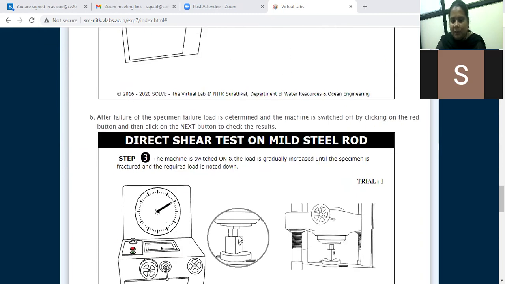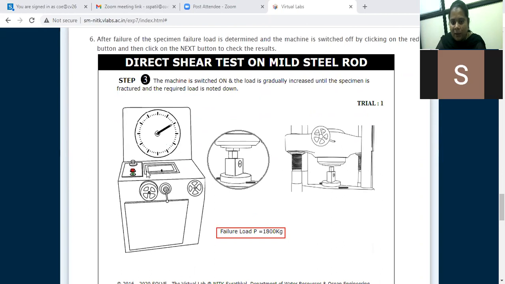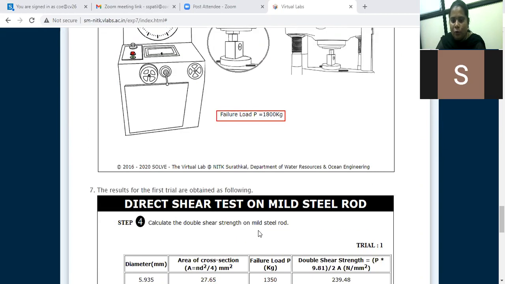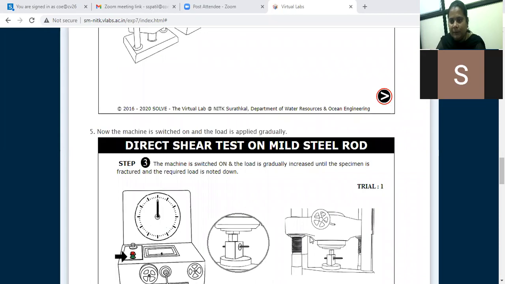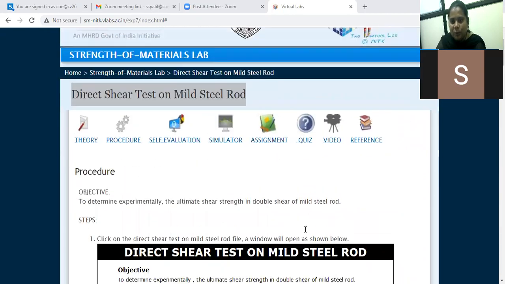After the rod is broken, you stop the machine and mark the failure load. After that, you calculate the double shear strength using this equation: double shear strength is equal to force divided by 2 times area. So this is the procedure.